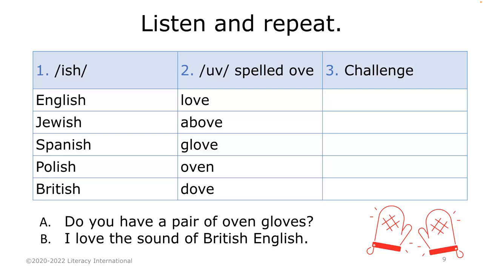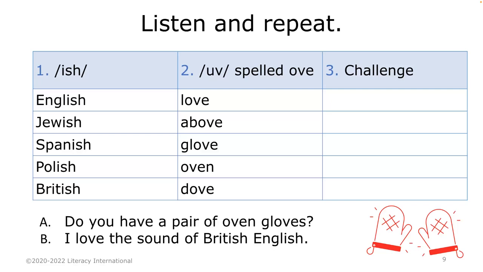And the challenge column is where you, as a teacher, are going to focus on that sound that is particularly hard for your students based on their first language. And so that's why we leave it blank, because it's going to be different for every student and every teacher what those particular sounds may be.